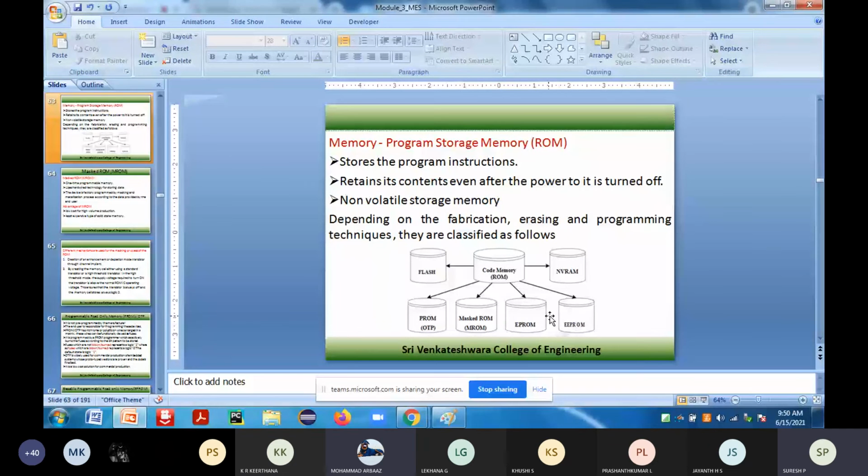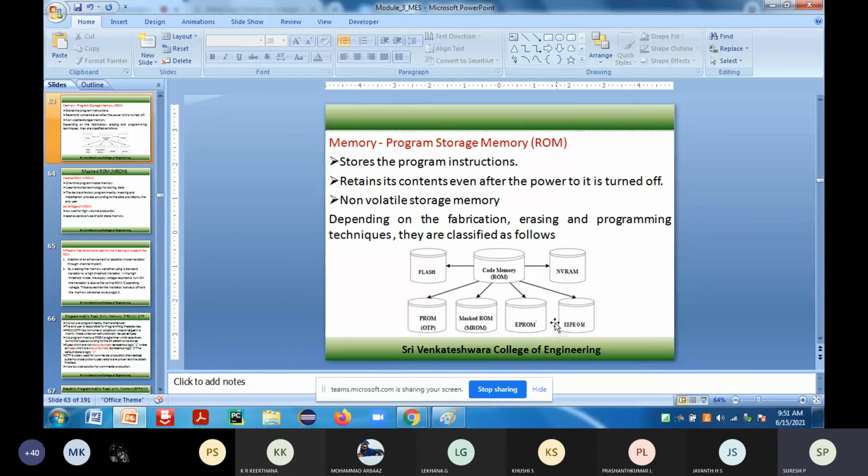EEPROM? Yes. Okay. Flash, have you gone through or not? No, sir. So I think flash, NVRAM, and masked ROM you have not gone through, right? The remaining PROM and EEPROM we have gone through.